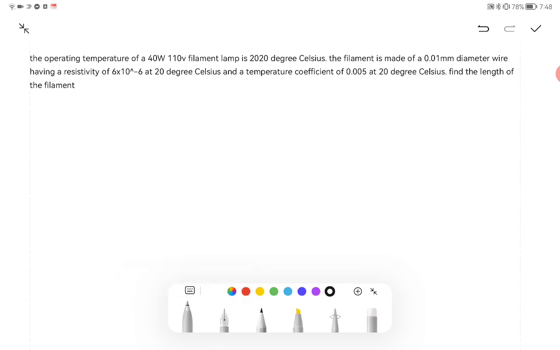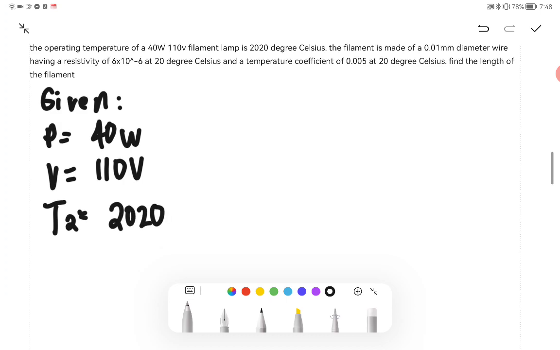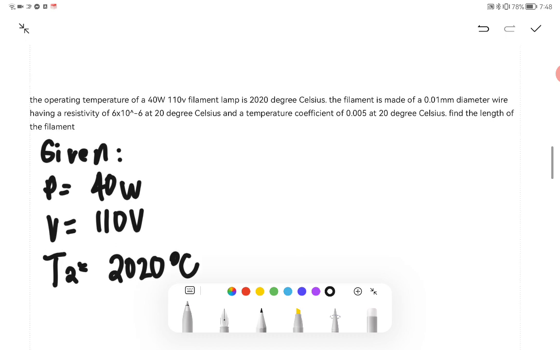So let's try and solve. We have here our given. The given is the power, which is 40 watts, voltage of 110 volts, and our temperature number 2, or the final temperature, which is 20 degrees Celsius.